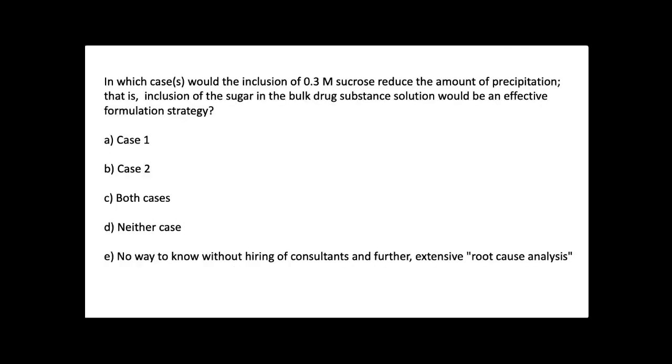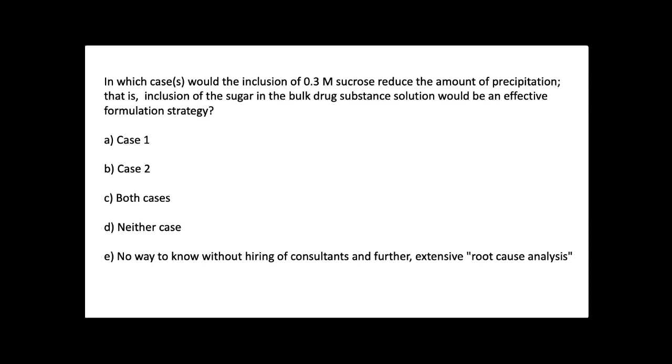So for these two cases, in which would the inclusion of 0.3 molar sucrose reduce the amount of precipitation? That is, in which case would the addition of this sugar be an effective formulation strategy? And here are the answers that you can choose from. We will go back over this later after we go through some of the mechanisms that are most relevant.